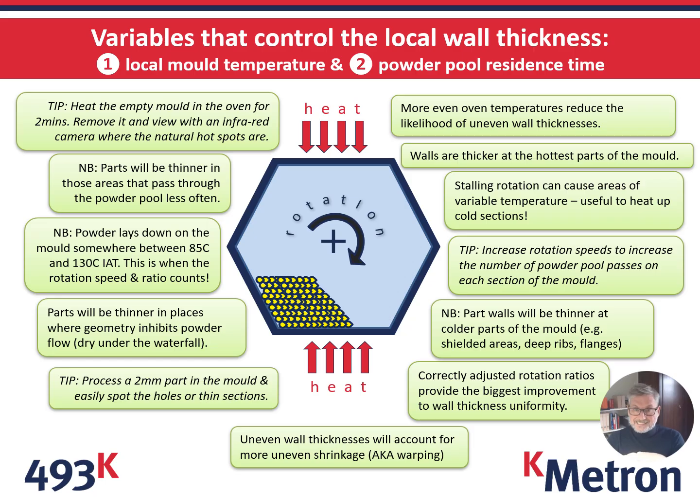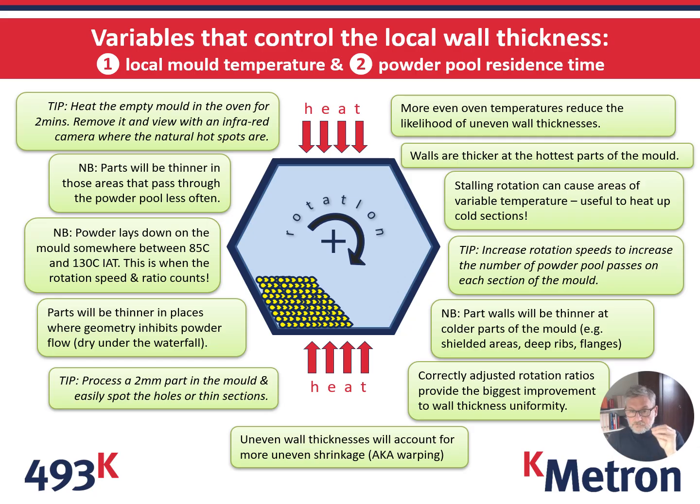A brief tip is that increasing the rotation speeds, which will increase the number of powder pool passes on each section of the mold, will improve the wall thickness distribution and make it more even. Parts will be thinner at the colder parts of the mold. For example, in shielded areas or deep ribs or flanges where the heat from the oven cannot reach adequately, it will be colder, and therefore you may get thinner parts.